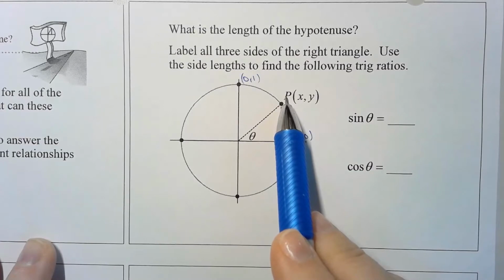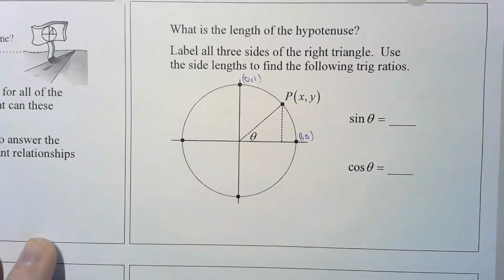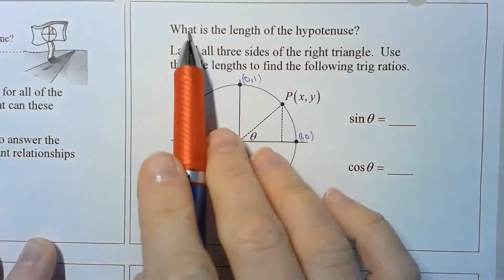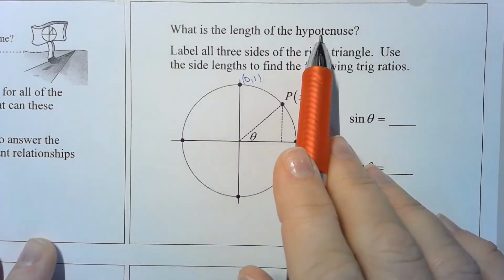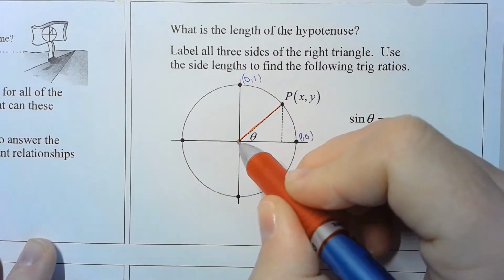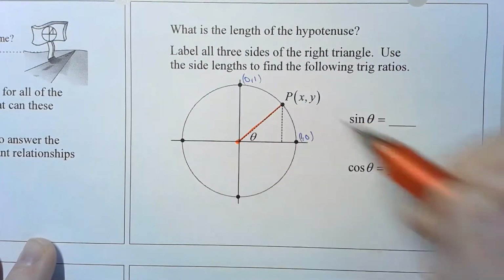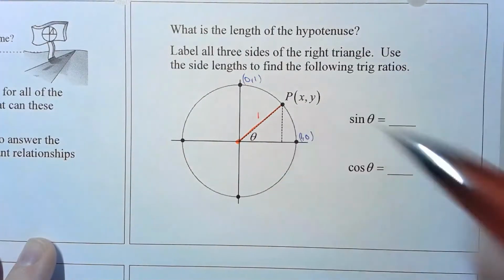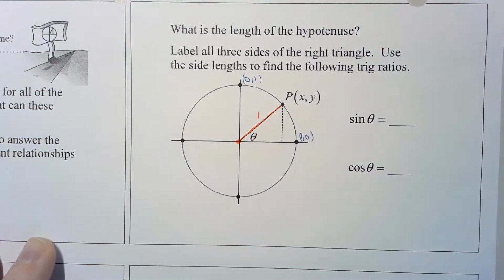I've called it point P, and we don't know its coordinates. We're just going to leave it as a very generic x and y. So it says, what is the length of the hypotenuse? Well, this is the hypotenuse, which extends from the center all the way out to the edge. The hypotenuse has a length of 1. It's the unit circle. The radius is 1.